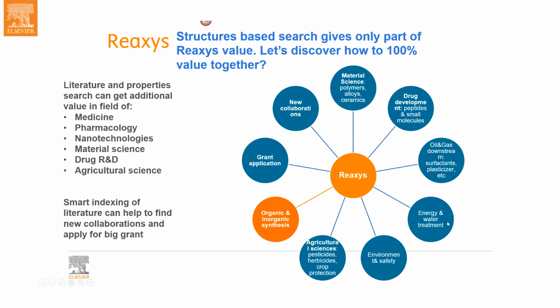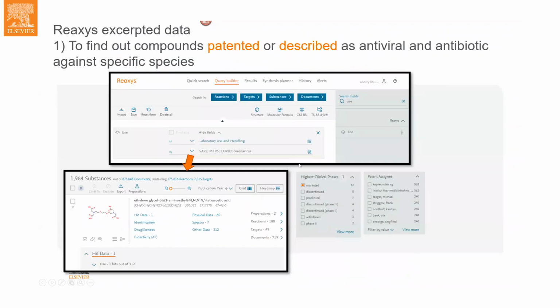We already talked about water treatment. We will talk about energy, oil and gas. So Reaxys has a wide range of applications, because if you look around yourself, you will see that everything around us is related to chemistry. It's painting, it's coating, it's drugs, it's food. Chemistry is everywhere, so Reaxys can give benefits to all of them.